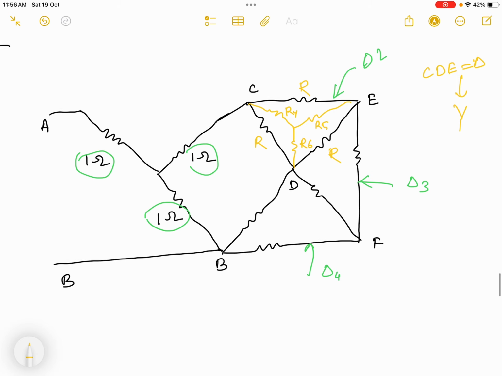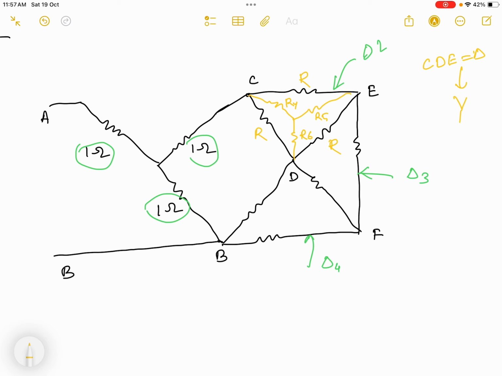Now when I decompose delta to star, R4, R5 and R6 all have the same value, R by 3, that is 3 by 3, which is 1 ohm. So now I got R4, R5 and R6 having 1 ohm.